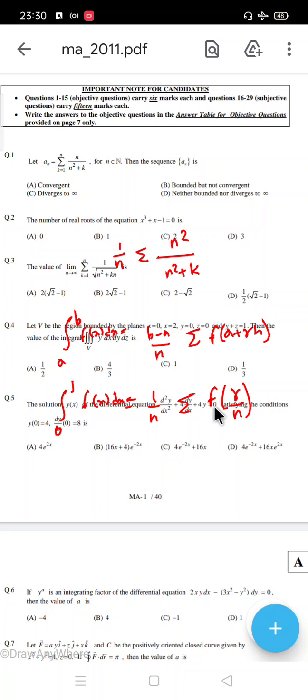Okay, so this can be written as 1 upon n summation, let us divide by n square, 1 upon 1 plus k upon n square, so I can write it as root k the whole square, correct. Wait, this is key.